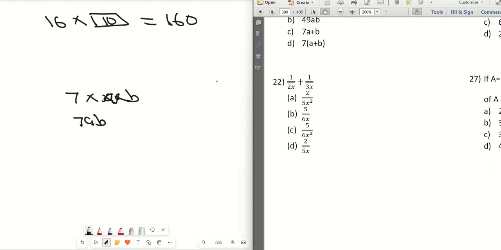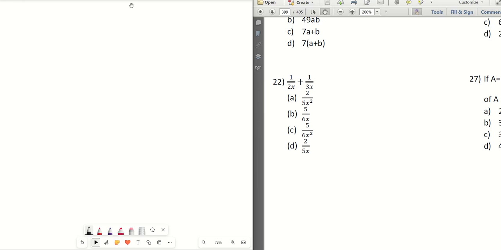Number 22, when you see something like this, you know that your denominators are different. So it will be 1 over 2x plus 3 over 1 over 3x. First off, you have to find the LCM, right?